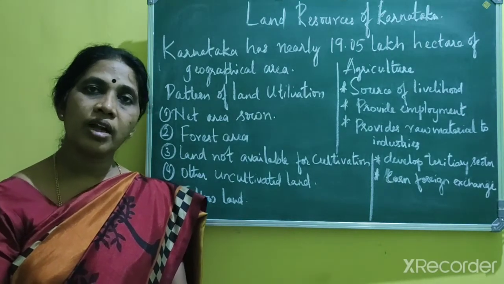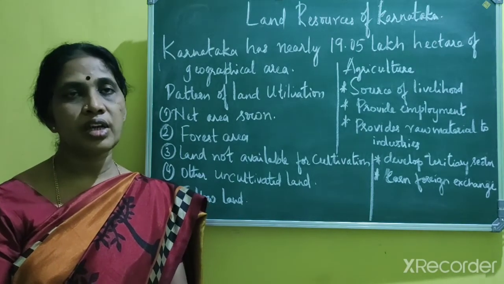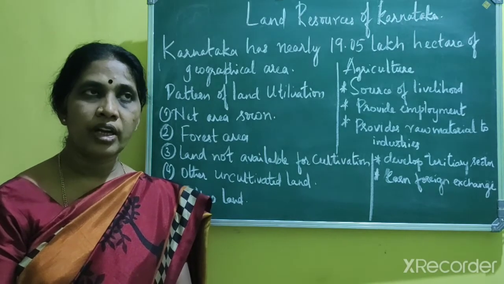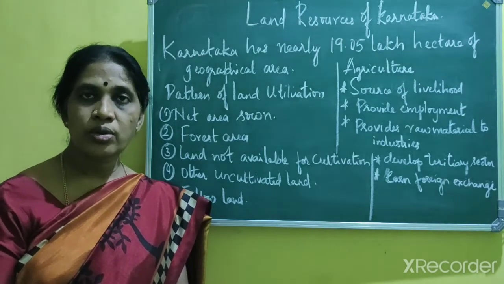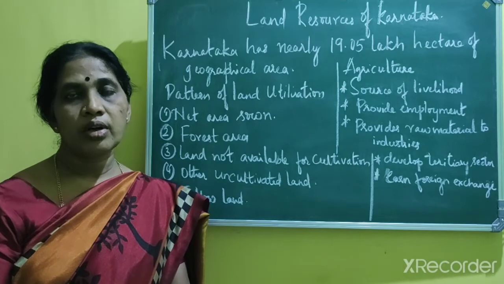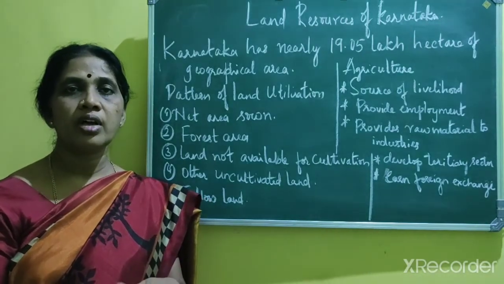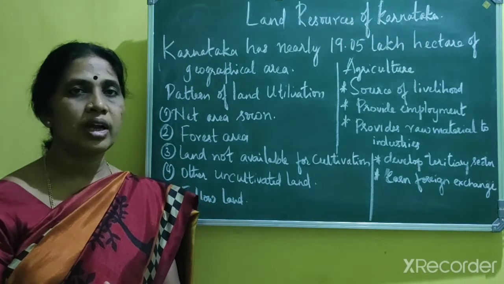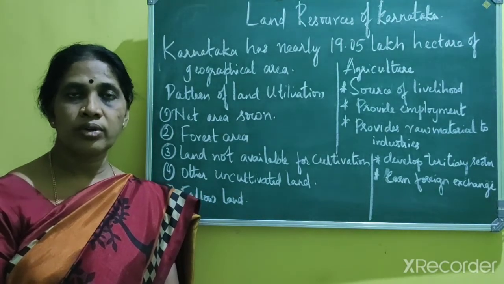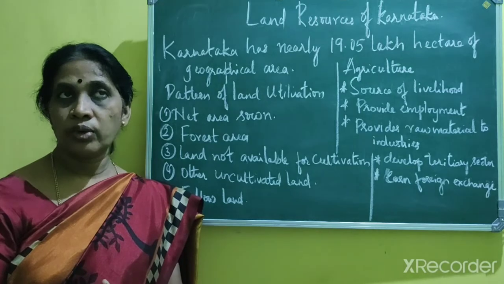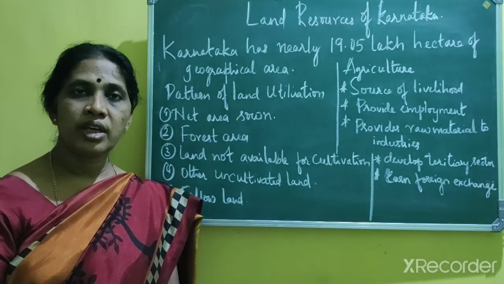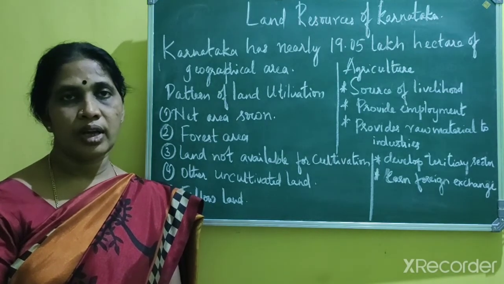It is said that Kalaburgi district has a large area of fallow land, followed by Raichur, Belagavi, Vijayapura, Koppal and Tumkur districts. Even these regions have a large area of fallow land, whereas Chikkamagaluru, Kodagu, Uttara Kannada and Udupi have very little fallow land.